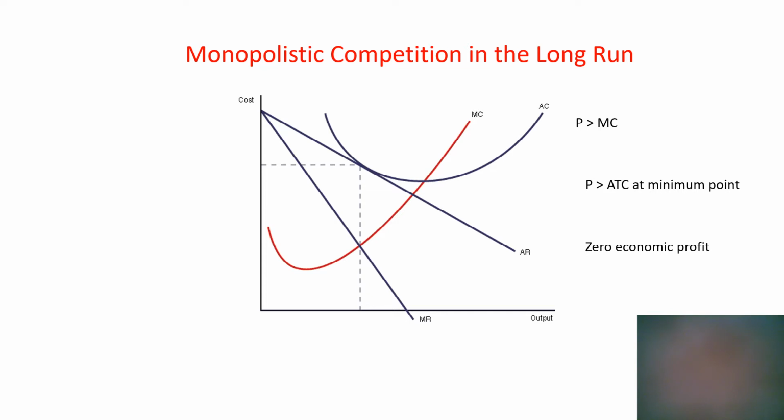And we recognize that that price is above where marginal cost intersects the demand curve and where marginal cost intersects the minimum of the average total cost curve, and price is above both of those. So it's not exactly as good in terms of allocative efficiency and productive efficiency as we talked about in terms of pure competition, but still looks pretty good as we can see from the graph.